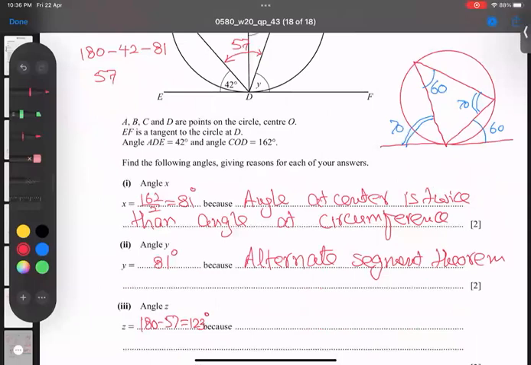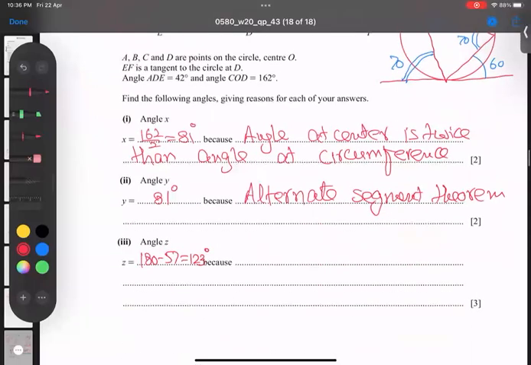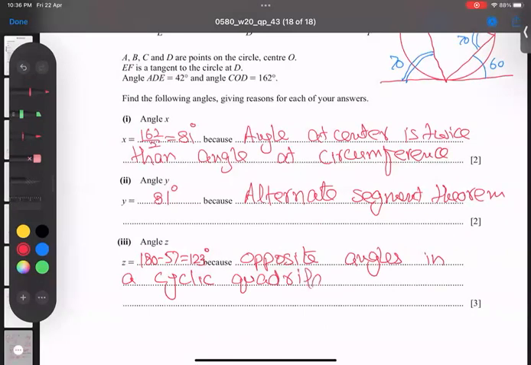And what is the logic behind it? Because opposite angles in a cyclic quadrilateral are supplementary, or add up to 180.